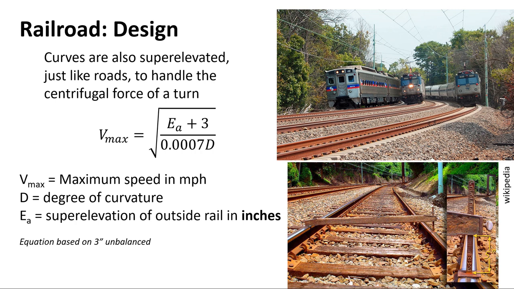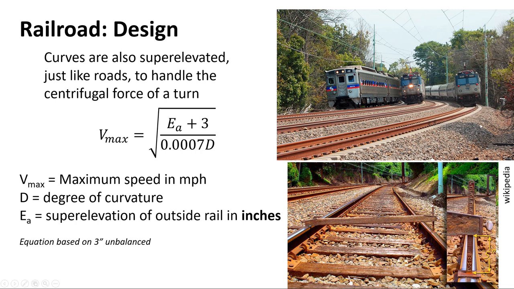The other thing we look at in curves, just like roads, is superelevation, right? We have to tilt the trains to help them get around the curve so they can go faster around the curve, and it balances the forces. The centrifugal force, which is pushing this train out, is balanced by, because you tilted it, a gravitational force that's now off the center of gravity a little bit to one side or the other of the center line of that train.